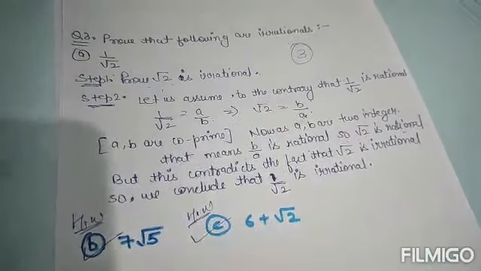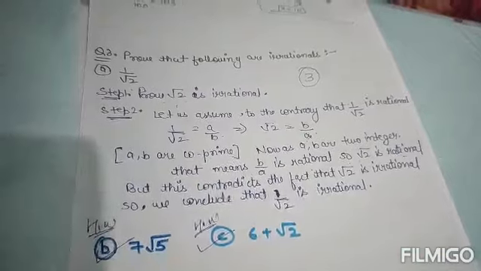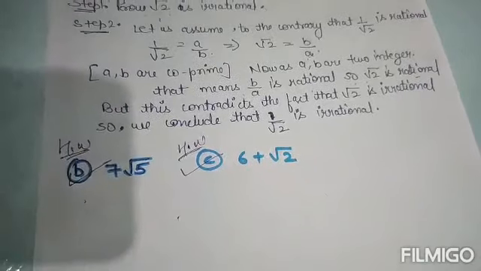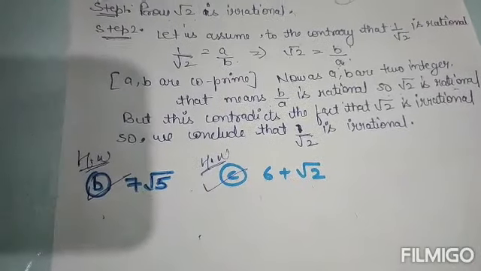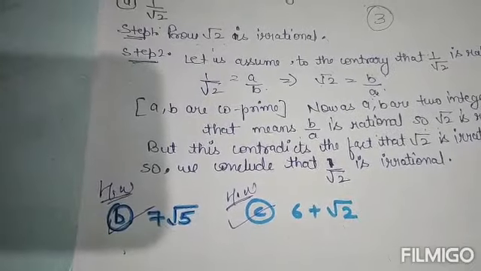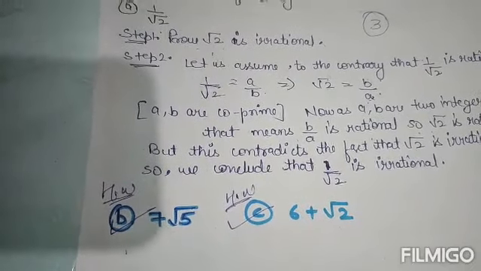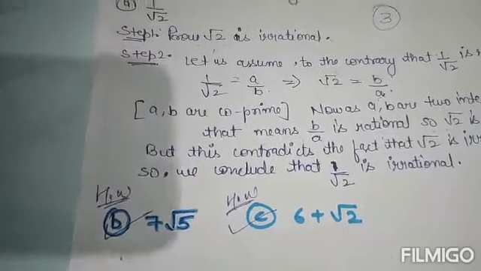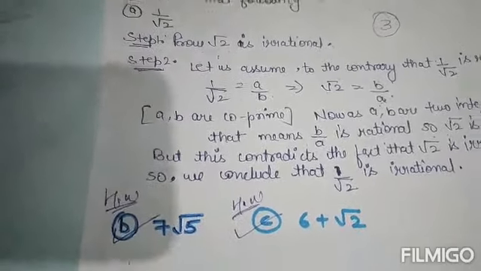So please try to understand it very carefully. So we have completed our exercise 1.3 also. Now we will move to exercise 1.4 where we have to do only 1 or 2 questions. Otherwise, it is not necessary to do the whole exercise.